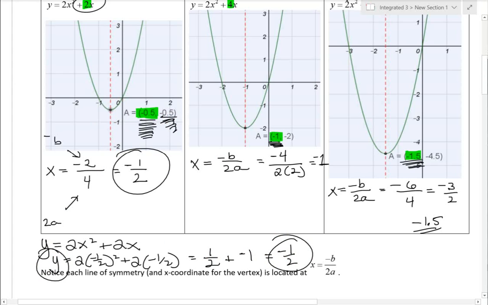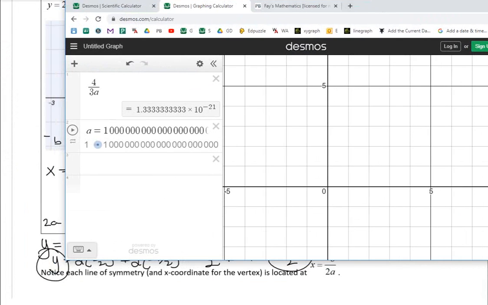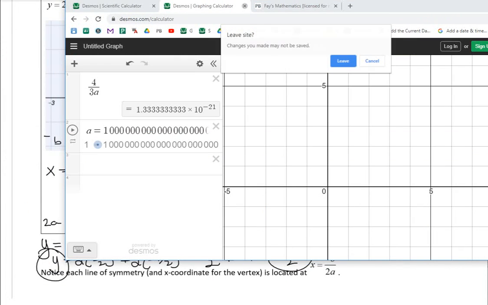So if I want to find my vertex of any quadratic, the opposite of b over 2a gives me the x value. And I plug that x value in to get the y value. My hope, now obviously you don't have your computers right now to use Desmos. Okay? You've got your phones.